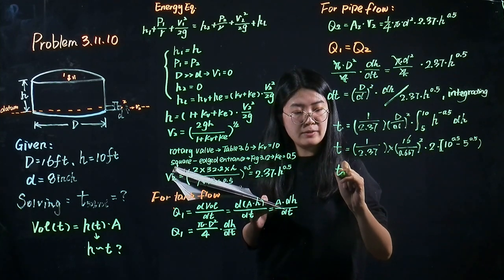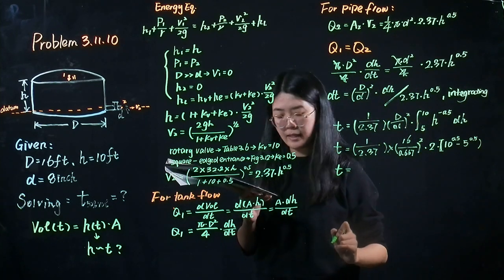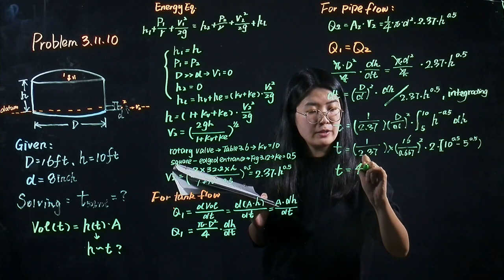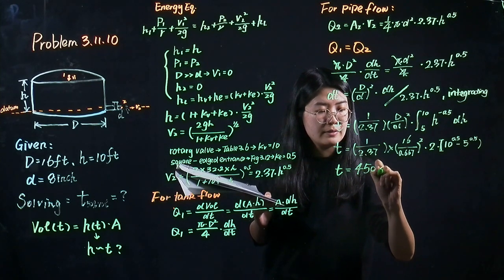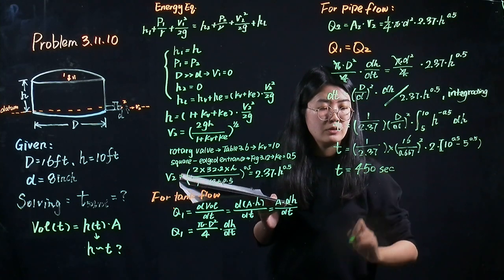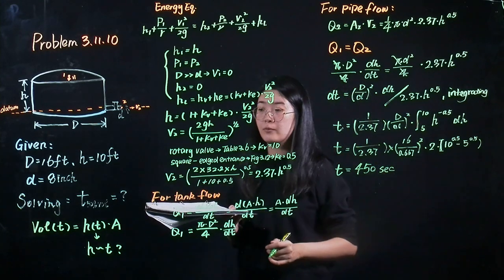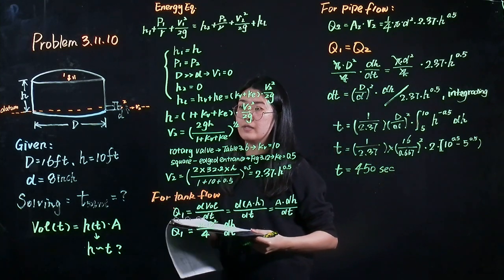Then we can get the result. It takes 450 seconds to drain half of the water in the cylindrical tank.